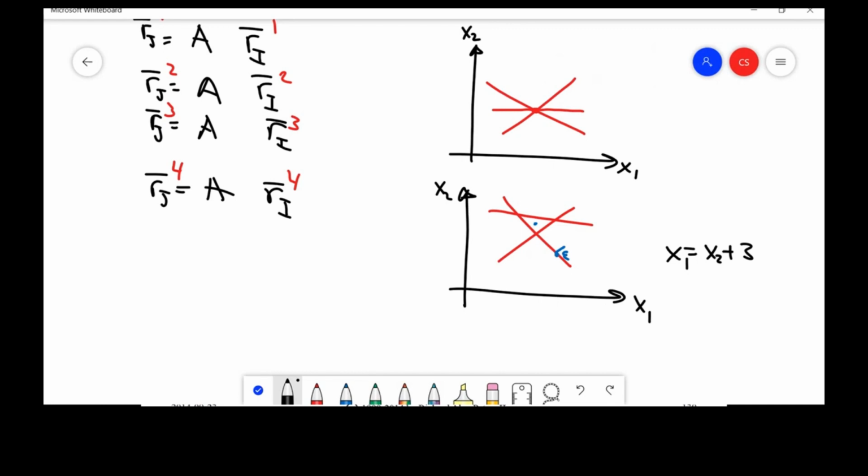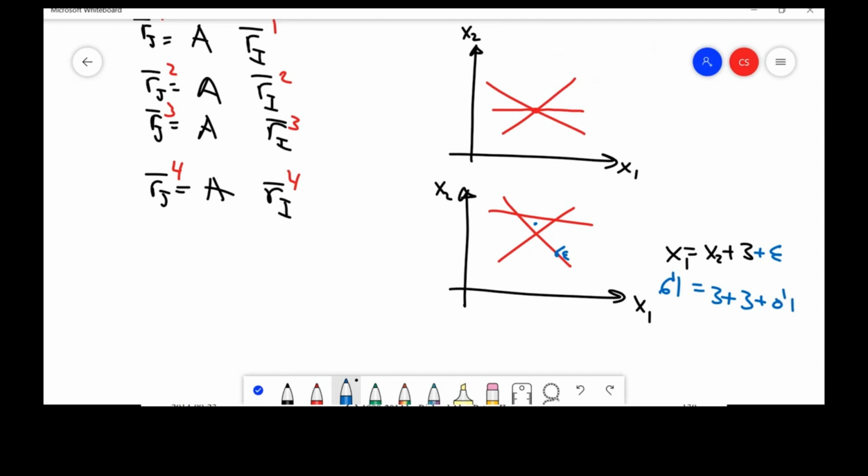If you have a little error, then this little error is translated here. Let's say that x2 is 3. Then you would have 3 plus 3, and this should be 6, but actually it is 6.1. And then you have a small error, 0.1.